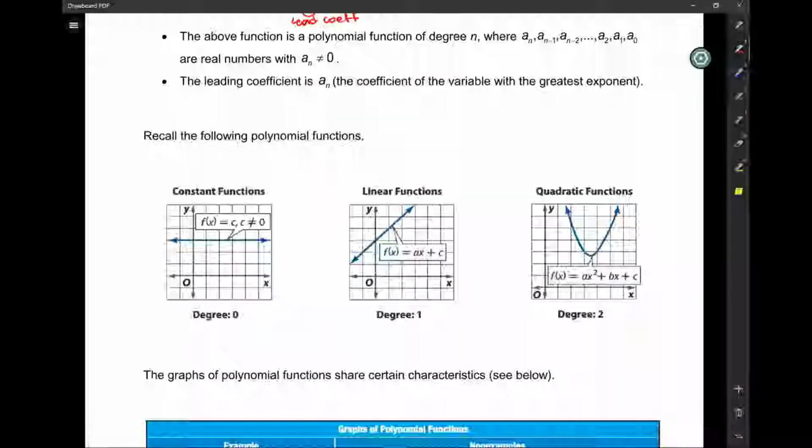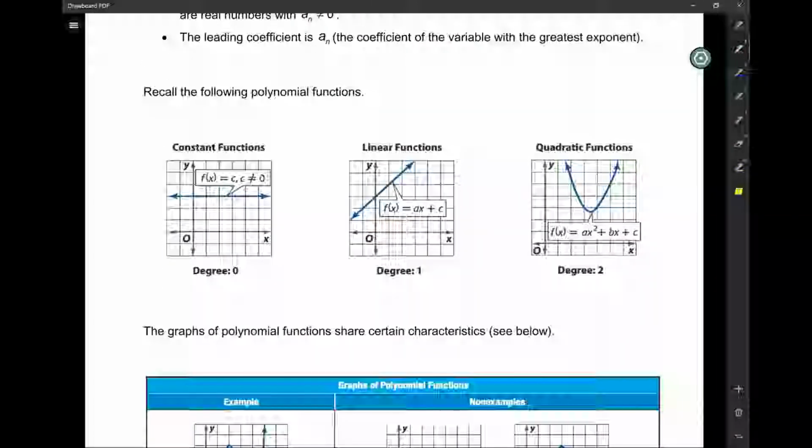All right. So here are some examples of polynomial functions. This is a constant function where the degree is 0. Degree 0 means, for example, you have f of x is equal to 3. Now, where is the variable here? Well, it used to be 3 times x to the power of 0. But x to the 0 is 1, so that's just 3.